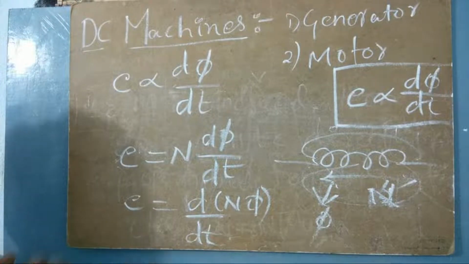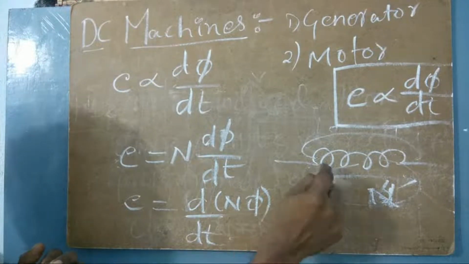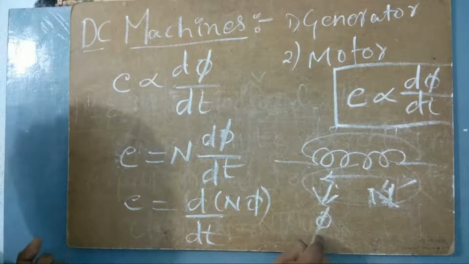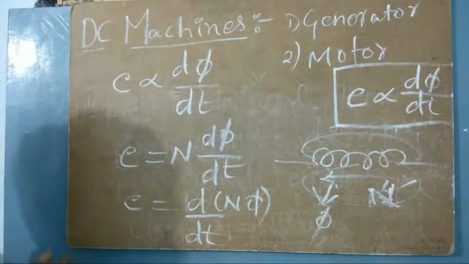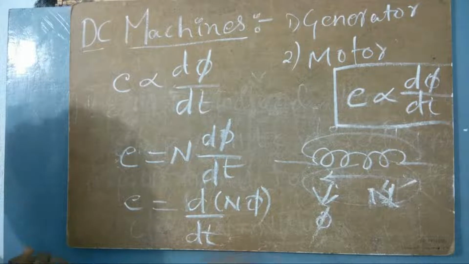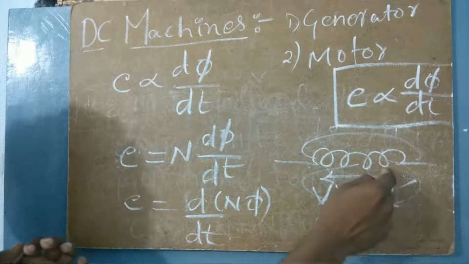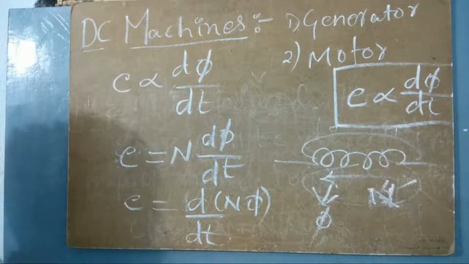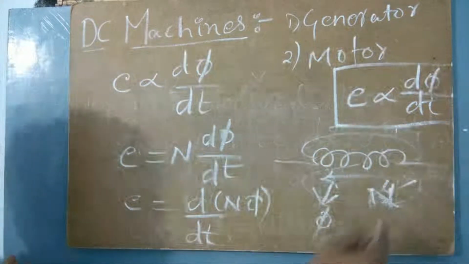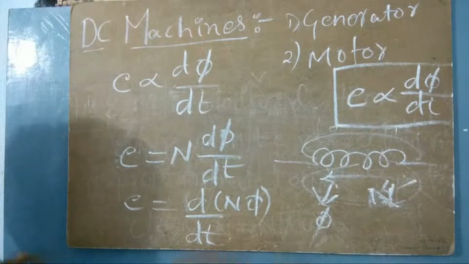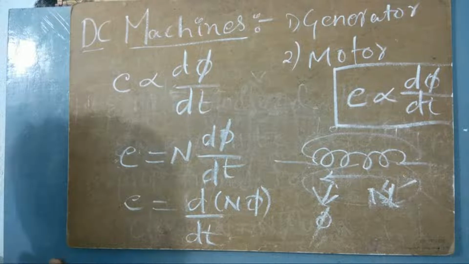If phi is the flux produced by each turn, which is constant over the length of this conductor, and N is the number of turns of this solenoid, then for finding the flux linkage we have to multiply the number of turns with the flux. So N phi is nothing but the flux linkage.